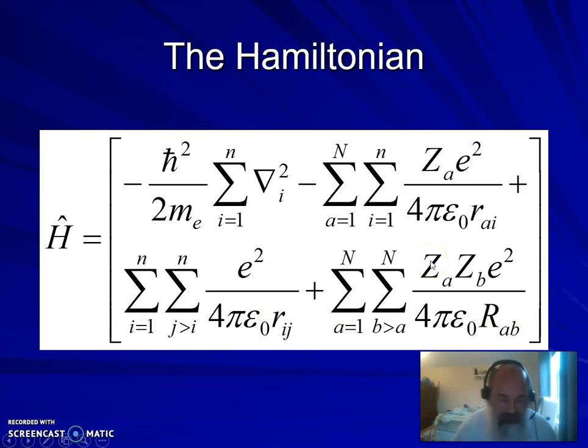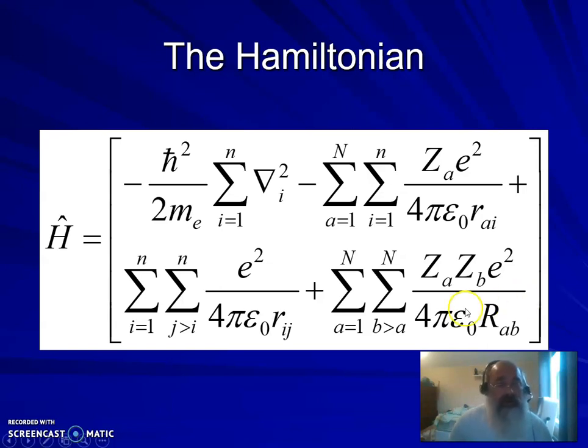And so the number of terms of electron-electron repulsion is going to be n, lowercase n, times n minus 1 over 2. And then the number of nuclear-nuclear repulsion terms is going to be capital N times capital N minus 1 over 2.